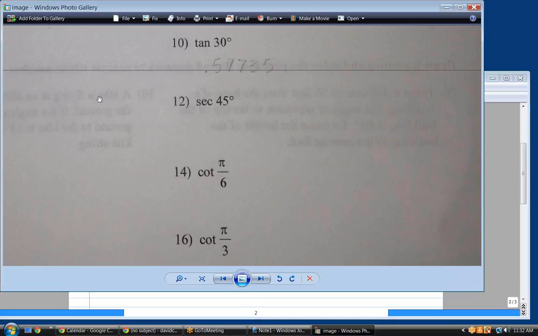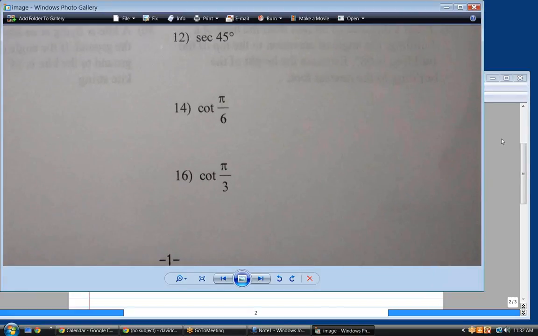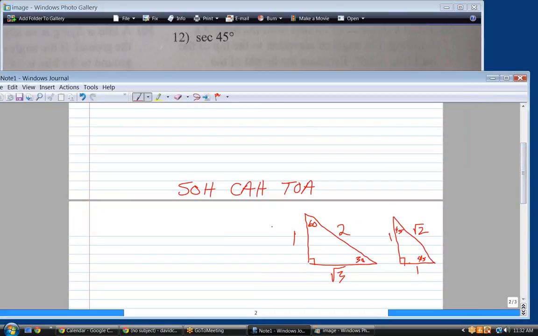I have the first, 9, 10, 11 from what we did earlier. So 12. That's the secant of 45. Try to memorize what the reciprocal of secant is.